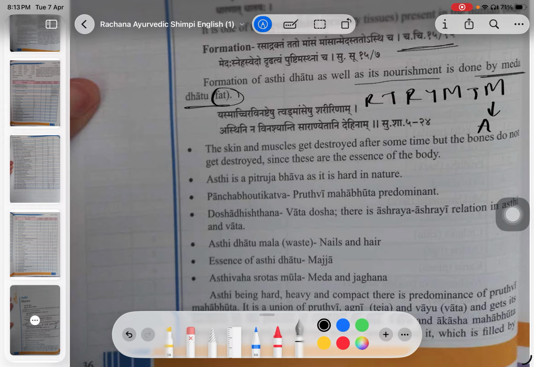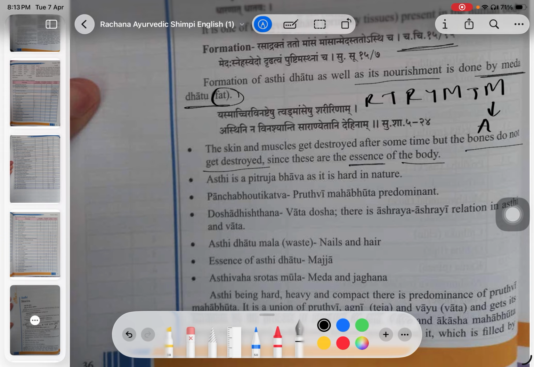Alright, the skin and muscles get destroyed after some time, but the bones do not get destroyed since these are the essence of the body. The body structure is made up of bones. That's why these are not getting destroyed. They don't get destroyed after death.